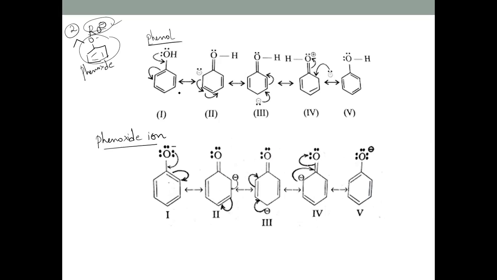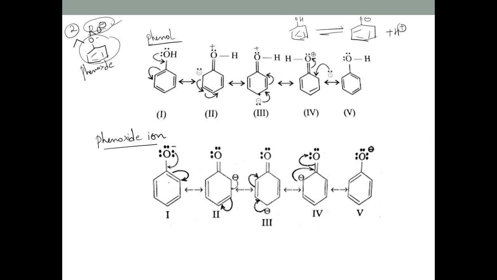Yes, no doubt these resonance structures are present in phenols also. Phenols also have this resonance stabilization. But when we look at the resonance structures here, there is a charge separation in them. There is a positive charge on this, right?